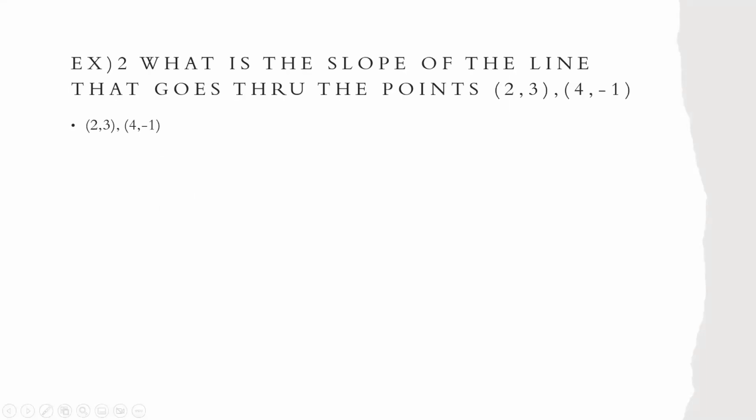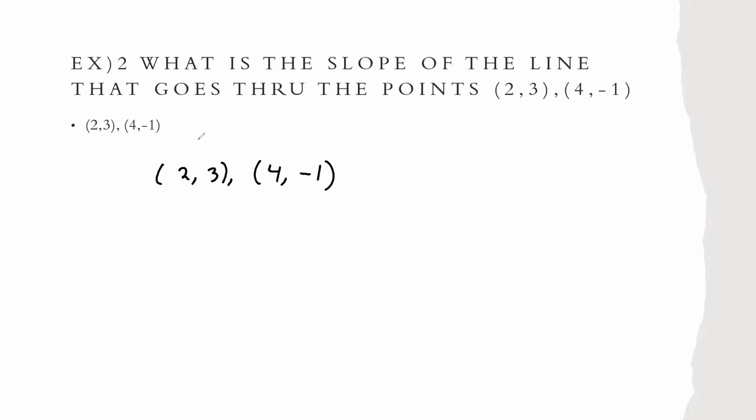Example 2 says, what is the slope of the line that goes through the points (2, 3) and (4, -1)? This time they don't give you an equation, they give you 2 points. So you have (2, 3) and (4, -1).